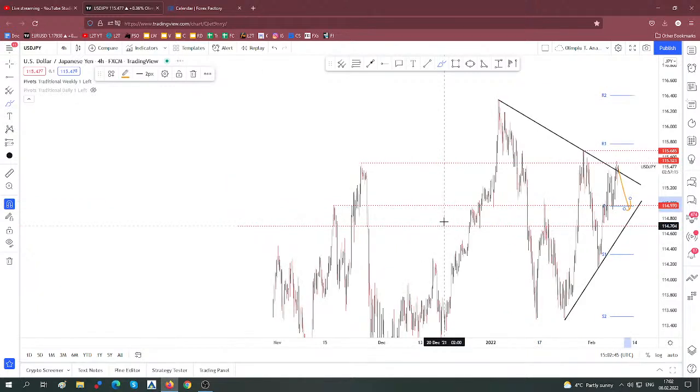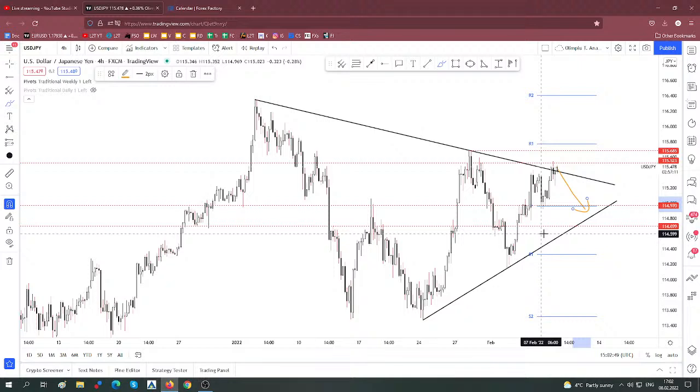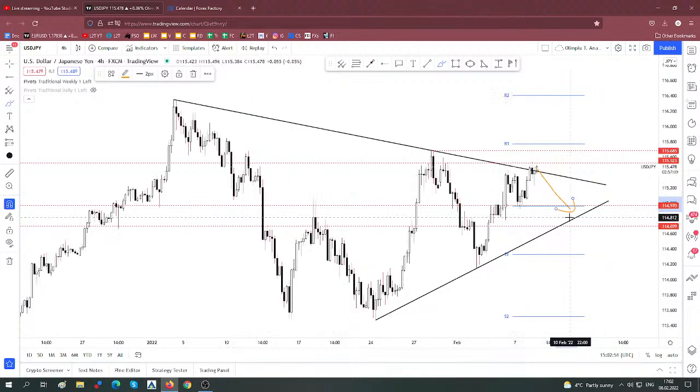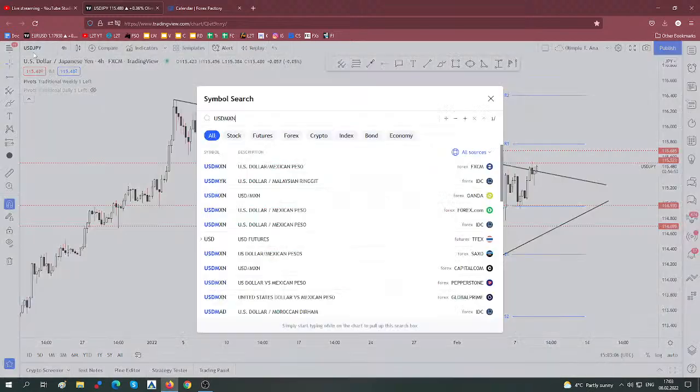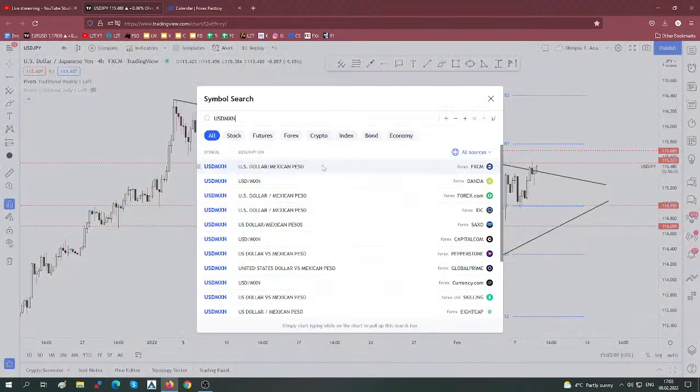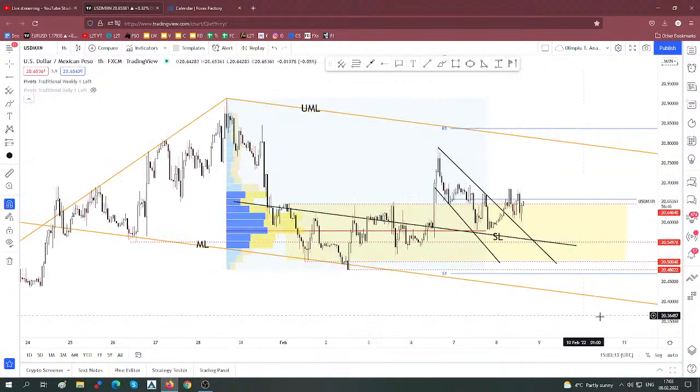We also have this former high as support, the weekly pivot point, the uptrend line. Personally I want to trade and share only high probability trades, even if, I don't know, maybe the US dollar versus the Mexican peso will turn into a bad trade, but I know what I'm looking at.